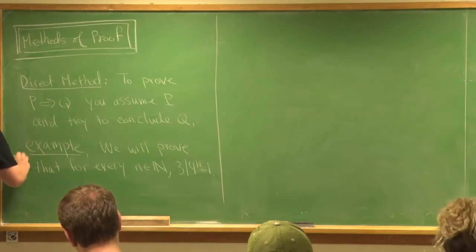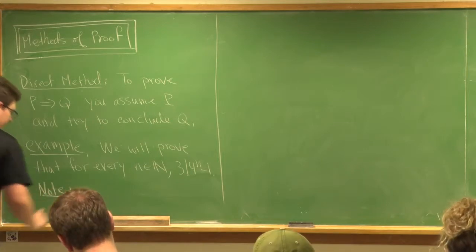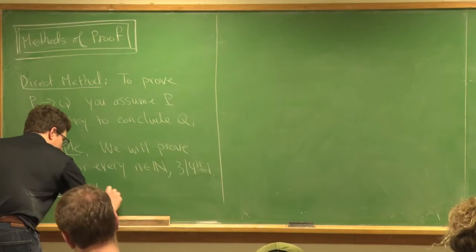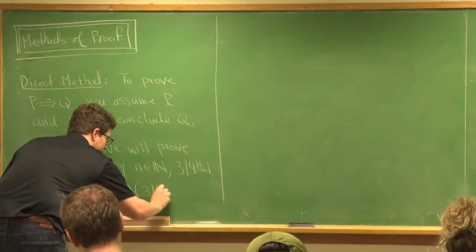Let me make a little remark here. Let's note the form of this statement. The form of this statement is for every n in the natural numbers, 3 divides 4 to the n minus 1.